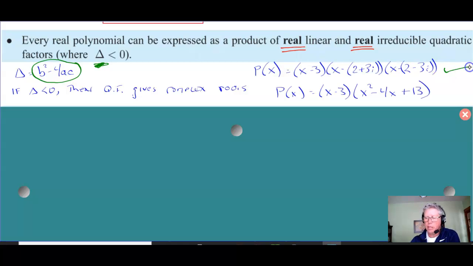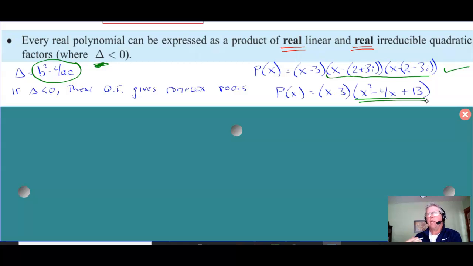So if we have this as our linear factors, that's not real. It's got some complex numbers as coefficients. So what we'll do here is we'll multiply those two together to get this, and we create an irreducible real quadratic. Okay, so it's all about vocabulary here.